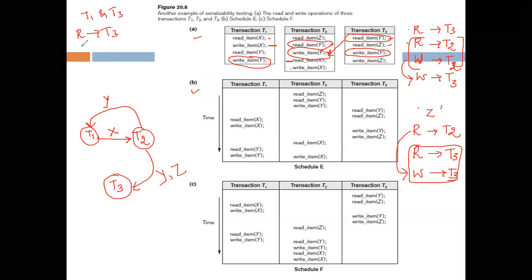Then it is read in T1. At the same time, it is write in T3. So there will be a relationship. So we can have an edge from T3 to T1 on variable z.